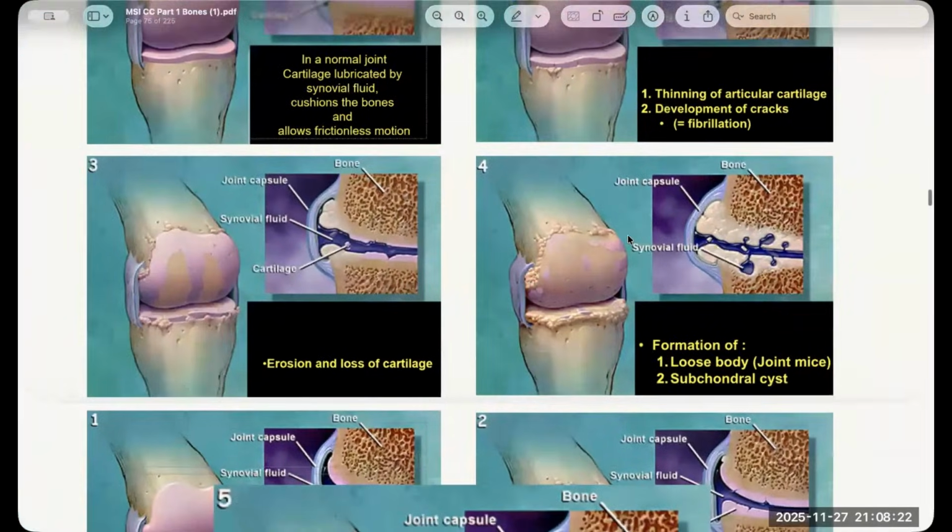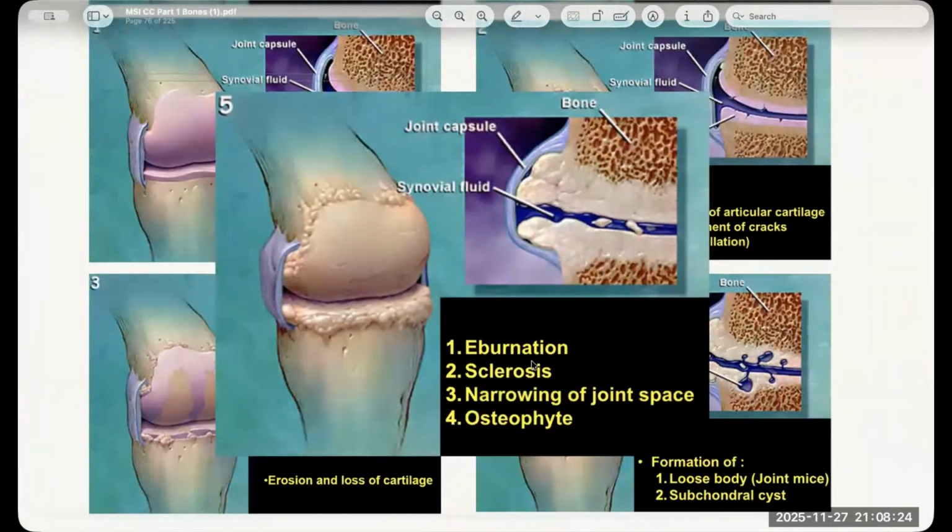Lastly, there will be sclerosis of the bone surrounding the lost cartilage, also because of the change in the synovial fluid and the inflammatory cytokines. There will also be loss of joint space because of the formation of osteophytes.